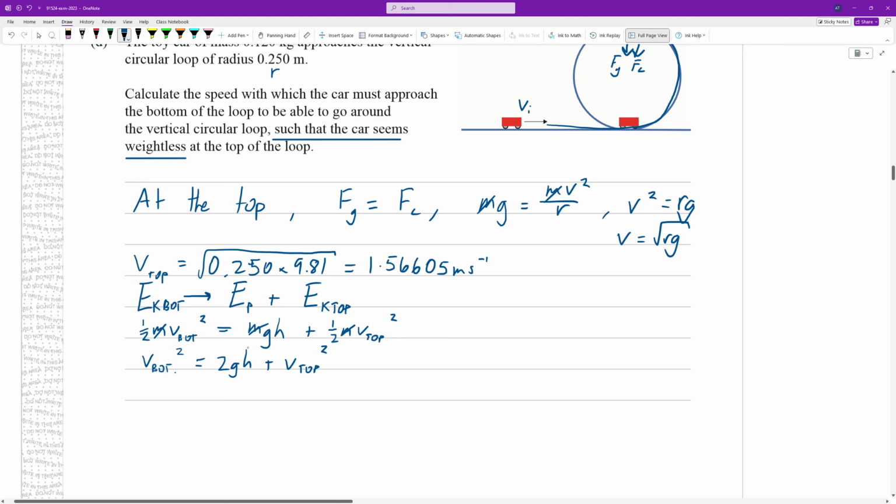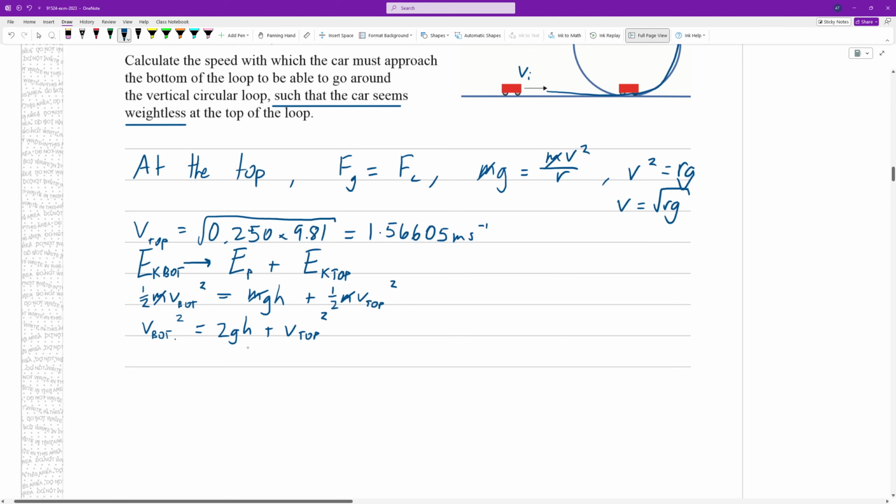So we are solving for v bottom, v bot. So last step is just to square root. So v bot equals 2gh plus v top squared, all square rooted.